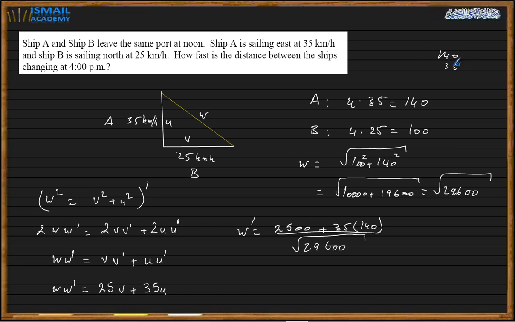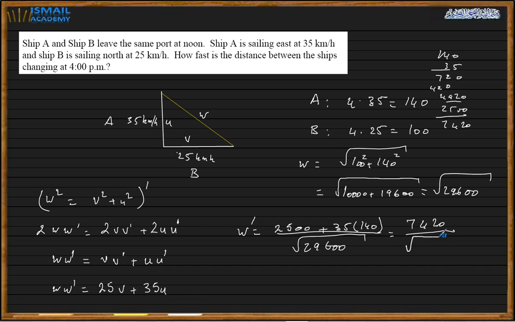So 35 times 140 is 4900. So 4900 plus 2500 is 7400. So it's going to be 7400 over the square root of 29,600.